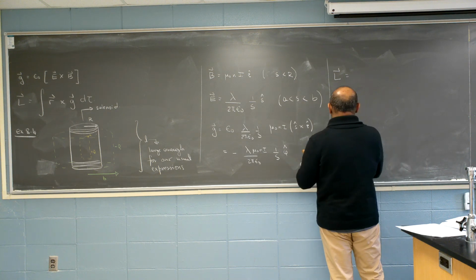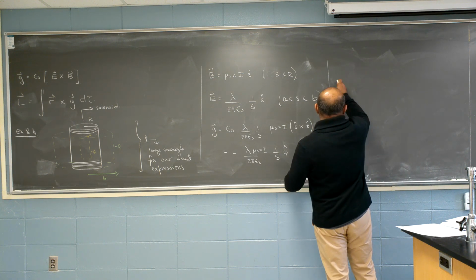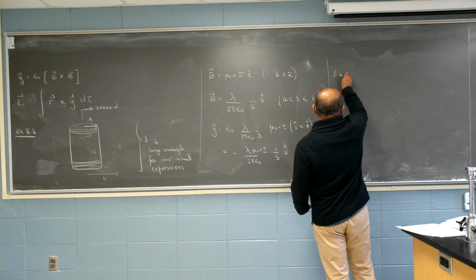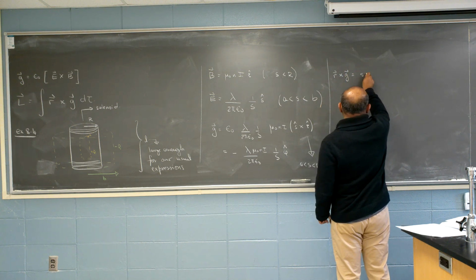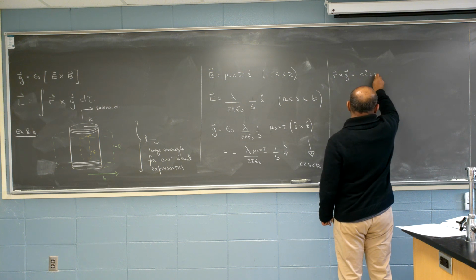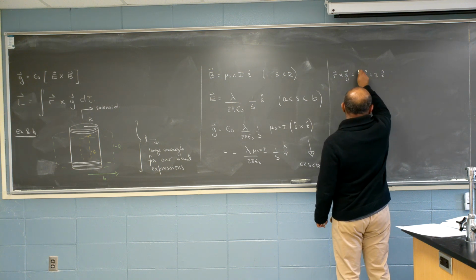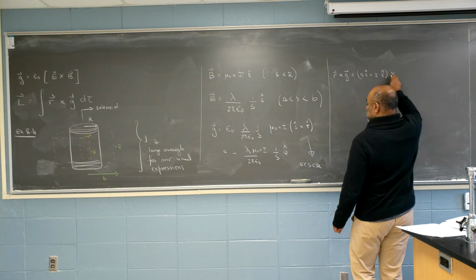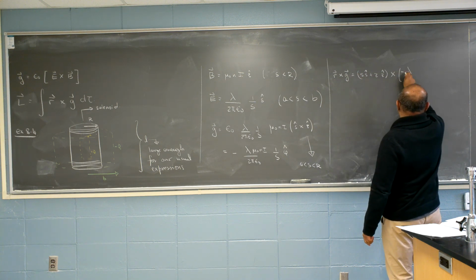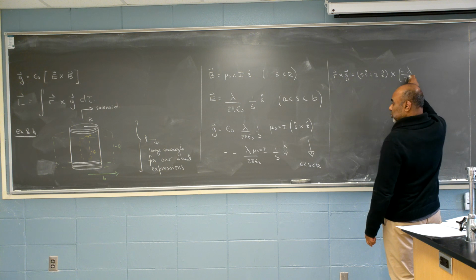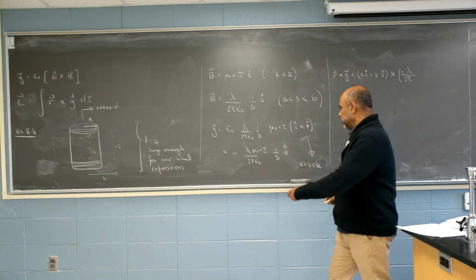But let's do R cross G. R cross G is equal to s hat plus z hat, cross minus lambda over 2 pi mu 0 n I over s phi hat.